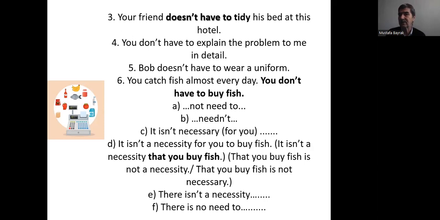There isn't a necessity that you buy fish, or there isn't a necessity for you to buy fish. There is no need for you to buy fish.